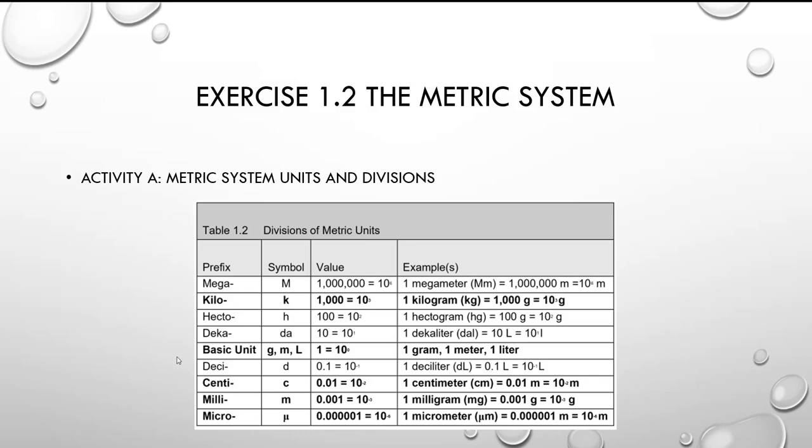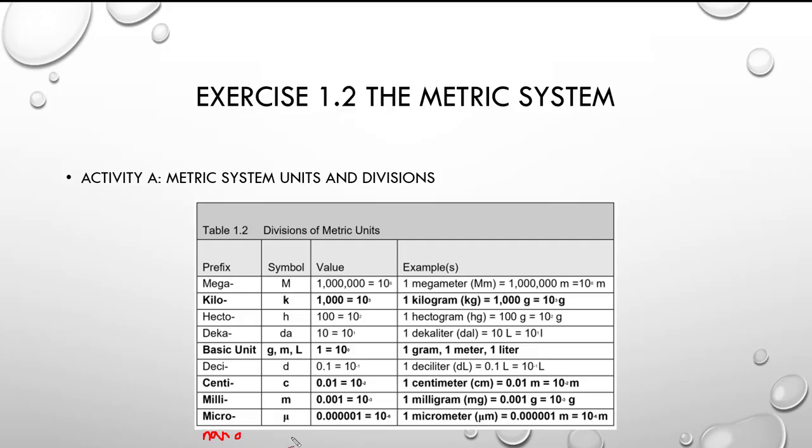So the units that we need to know for this particular course, and which will be most common in the health sciences, are the prefixes kilo, centi, milli, micro, and then sometimes you might actually see nano, so I'm going to write that one in there just in case.